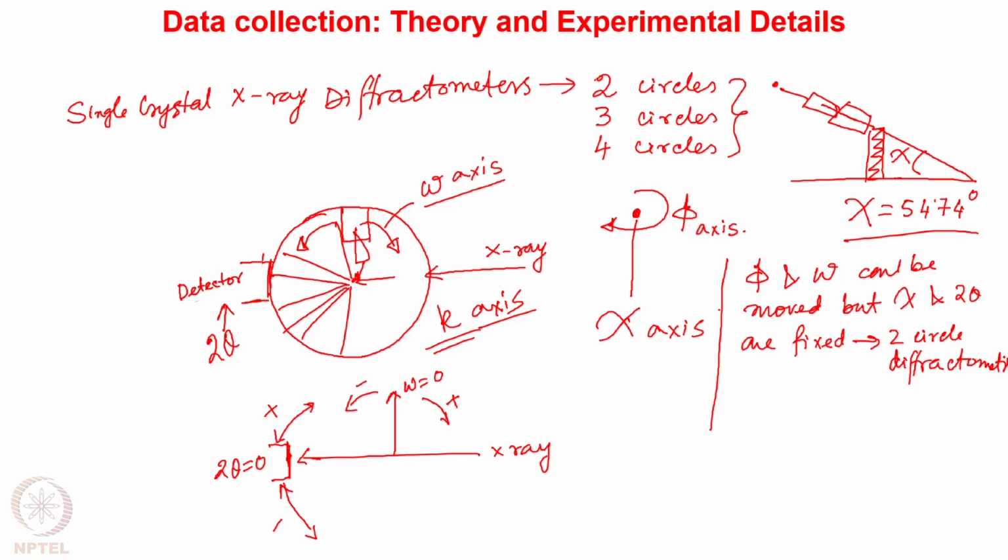The diffractometer in which one can change phi, omega and 2 theta is called a three-circle diffractometer.